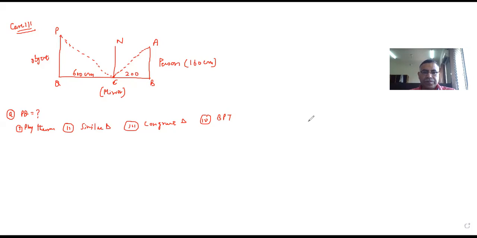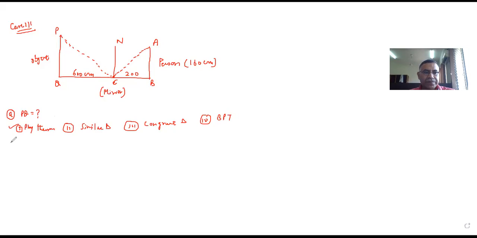Pythagoras theorem. Perfect, this is the correct answer, because we will use the help of Pythagoras theorem. That means the square of the longer side is equal to the sum of the squares of the other two sides. So Pythagoras theorem is the correct answer.